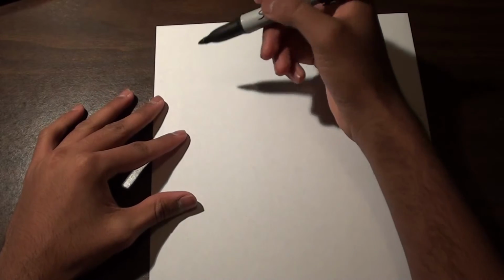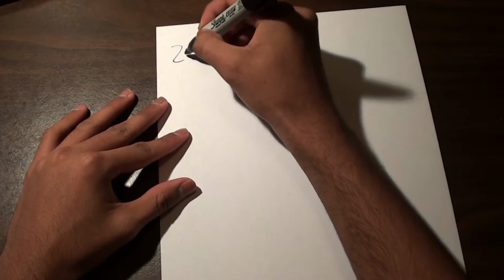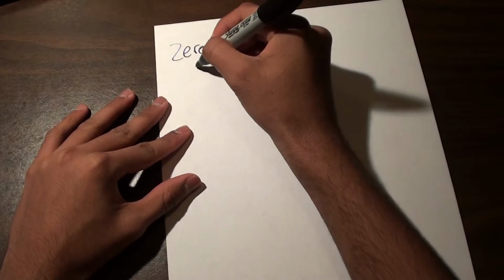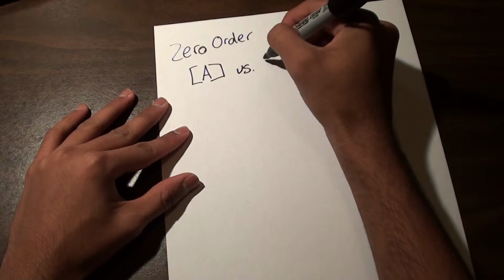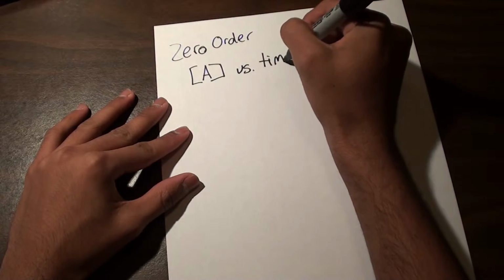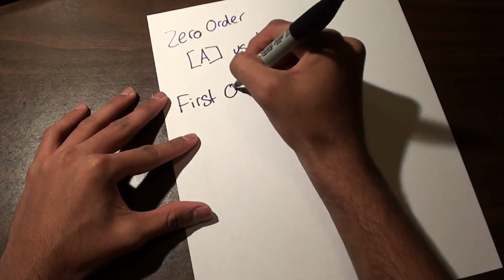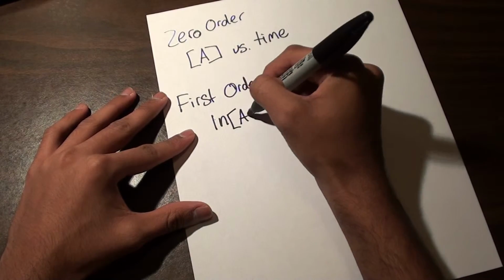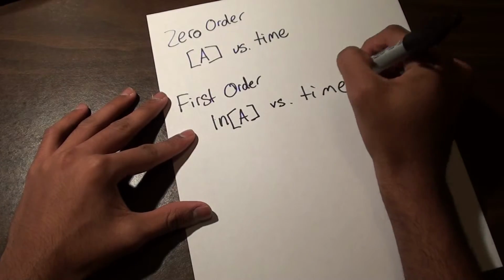So when you're doing it graphically, you simply want to compare. For zero order, you just do concentration of A versus time. For first order, you do the natural log of the concentration of A versus time.